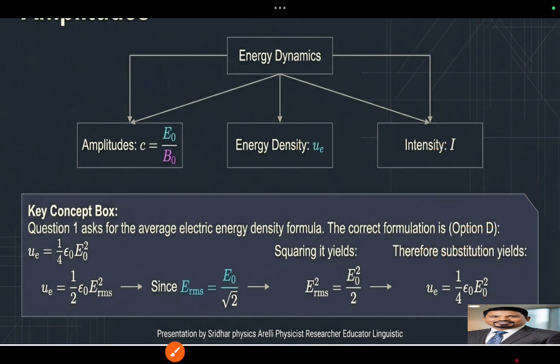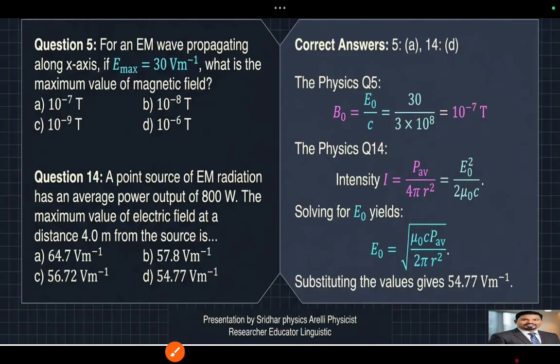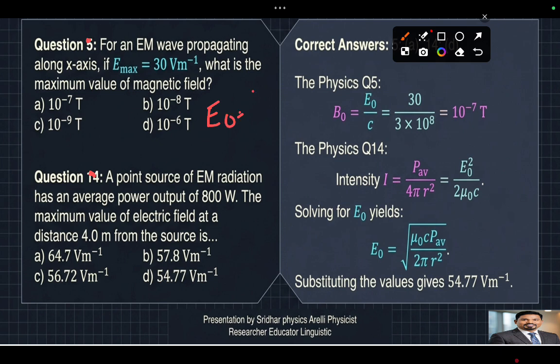Okay, next one. For an EM wave propagating along the x-axis, if E max is 30 volt per meter, what is the maximum value of magnetic field? Here we have the relation E naught equal to B naught c, and we need to find B naught.